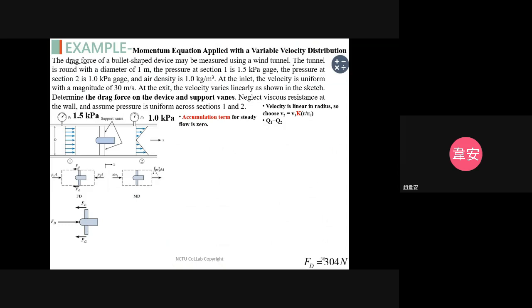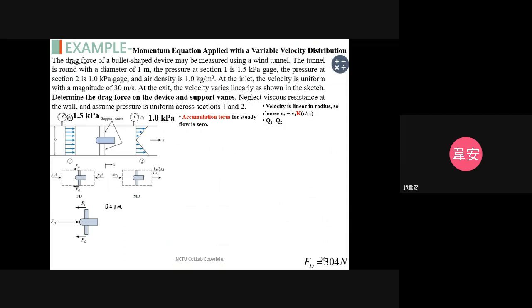So the question tells us the tunnel is round with a diameter of 1 meter. So we know that we have the diameter is 1 meter for the tunnel, and the pressure at section 1 is 1.5 kilopascal.